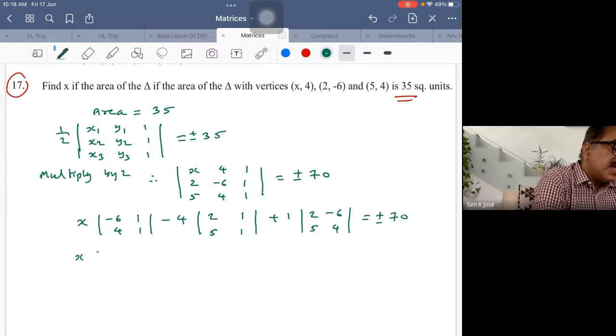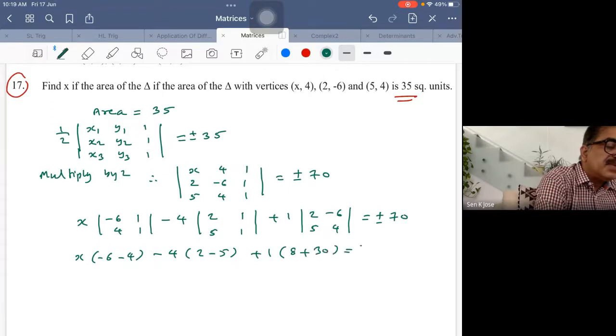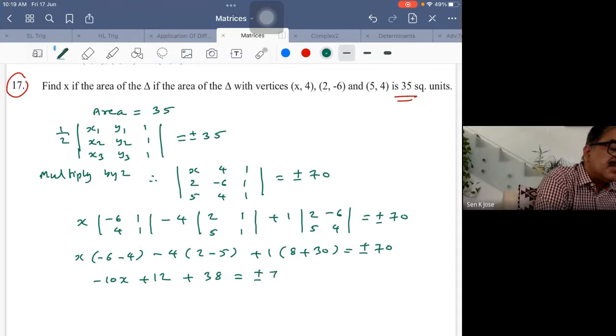So that is x into minus 6 minus 4. Yes, Raina. Minus 4 into 2 minus 5, plus 1 into 8 plus 30, is equal to plus or minus 70. Minus 10x plus 12 plus 38 is equal to plus or minus 70.